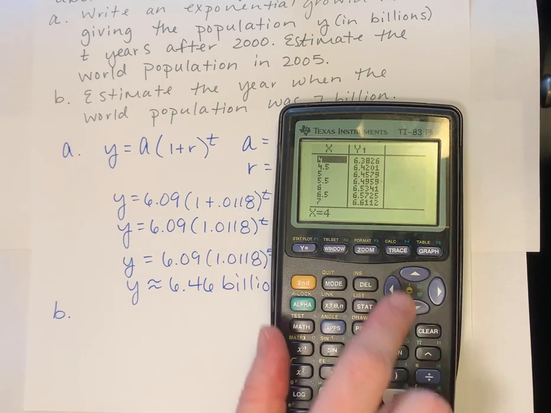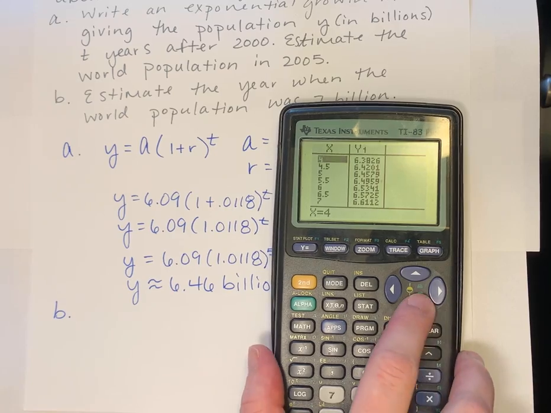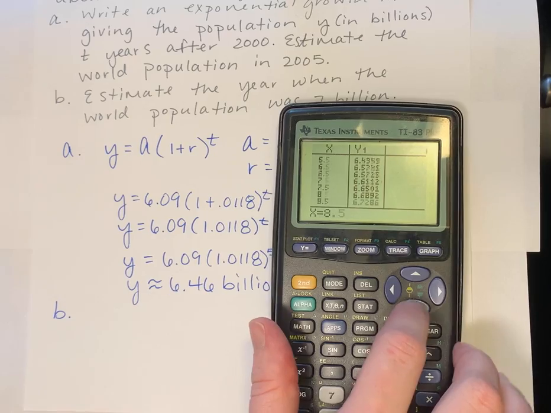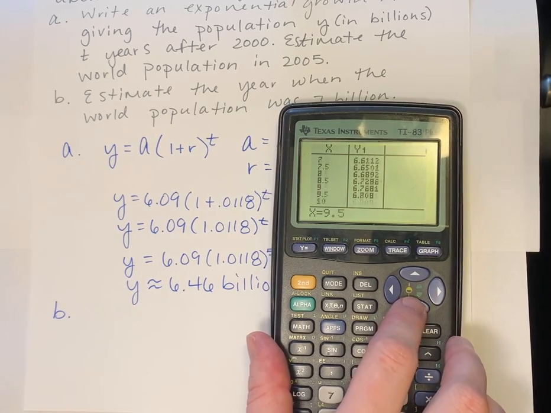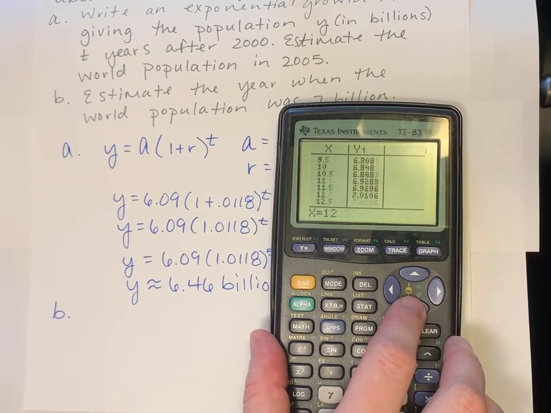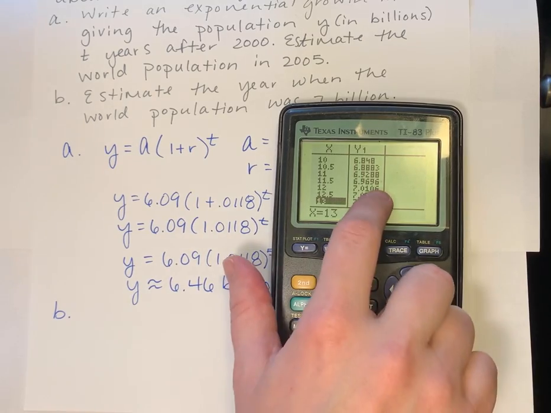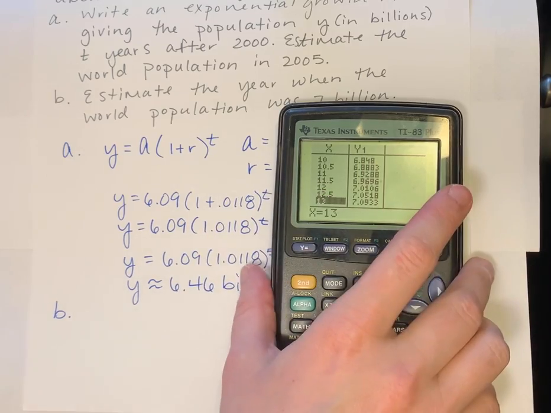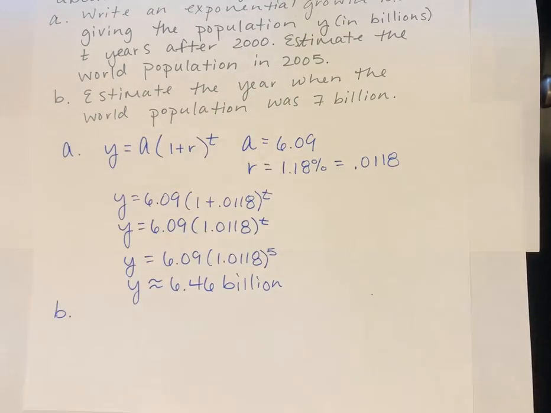And it looks like we need to go down further. You can just use the arrow down button. So it looks like the closest one's going to be when x is 12. So x is our t value.